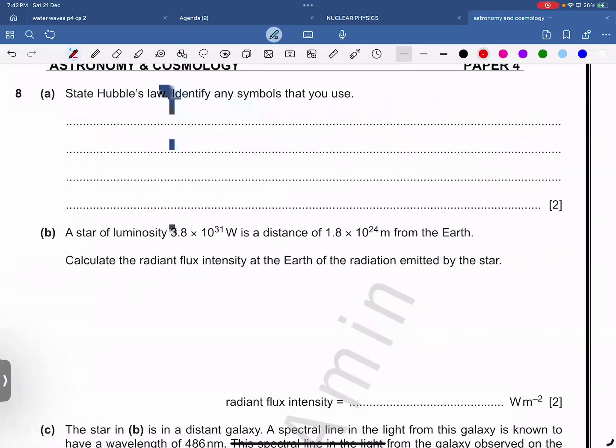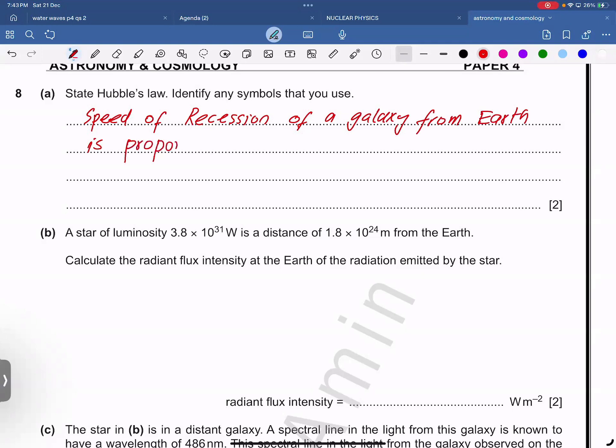State Hubble's law, identify any symbols you used. Hubble's law, my dear: the speed of recession of a galaxy from Earth is, very good, proportional to its distance from Earth.